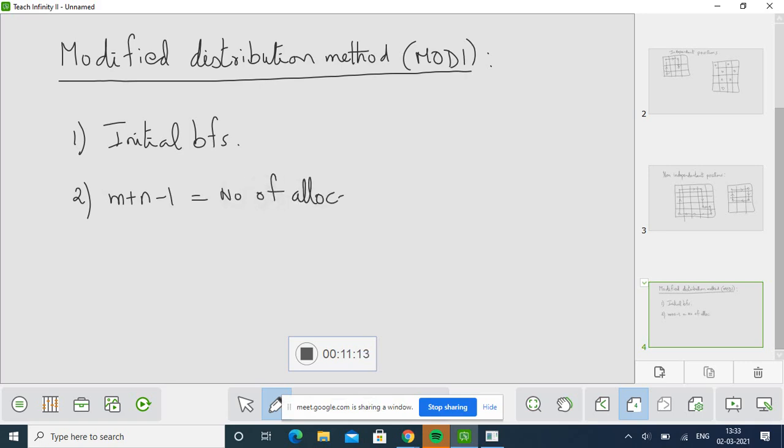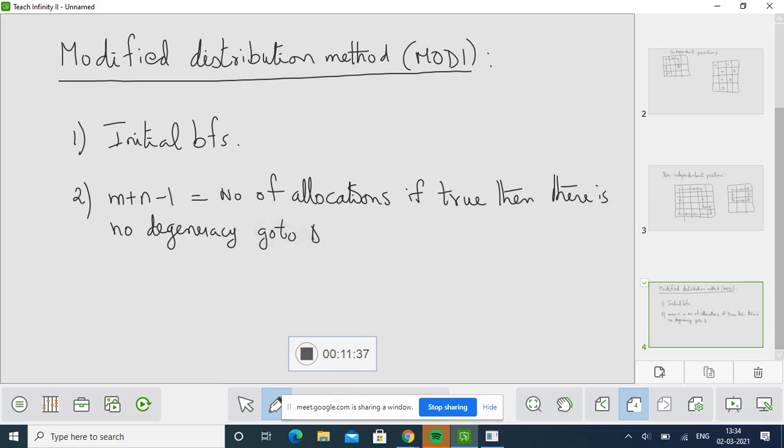If true, then there is no degeneracy. Otherwise, I have to resolve. There is no degeneracy, go to step 3.